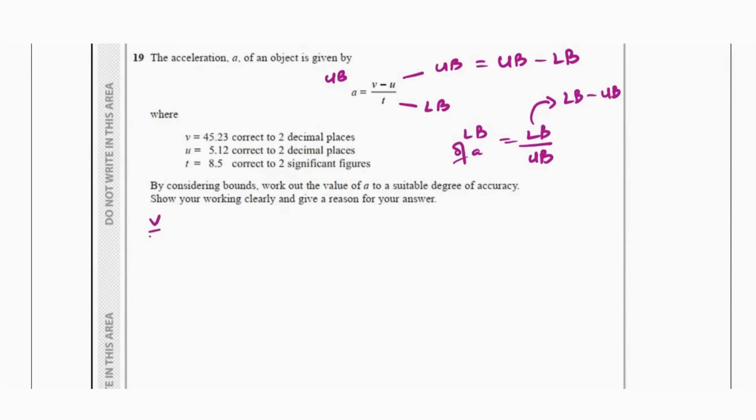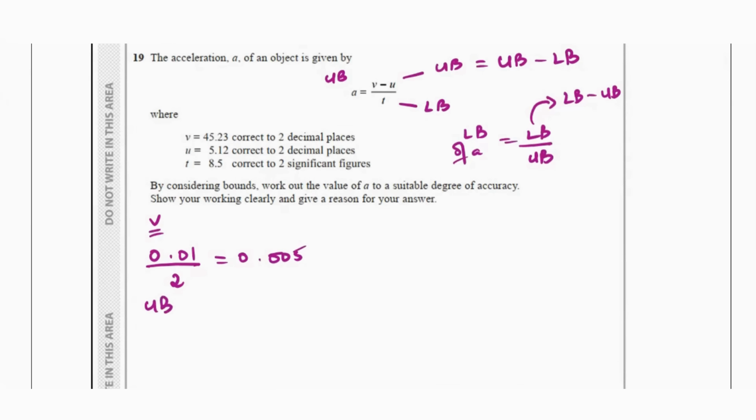So let's start with v. v is 45.23 correct to two decimal places. That means it's 0.01 divided by 2. Whatever it's correct to, you divide that by 2. So two decimal places is 0.01, and when you divide that by 2, we get 0.005.